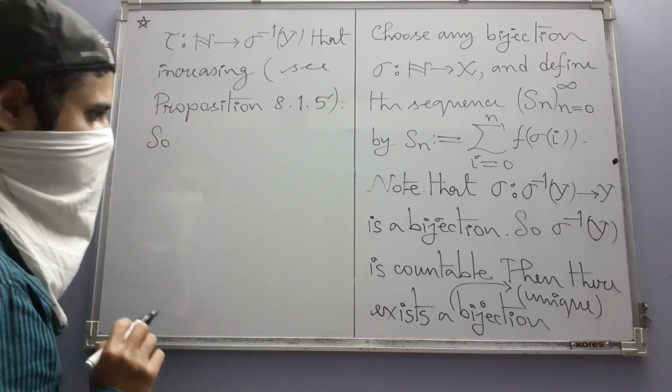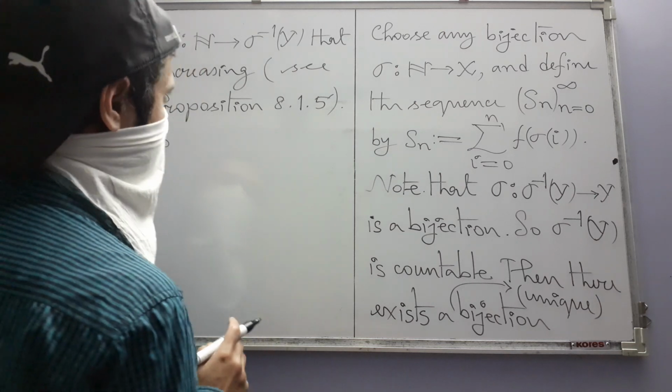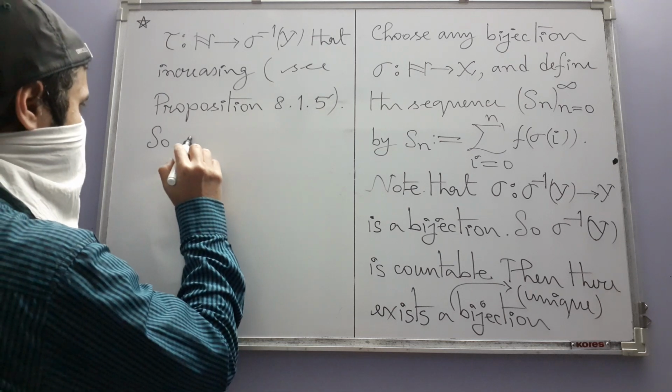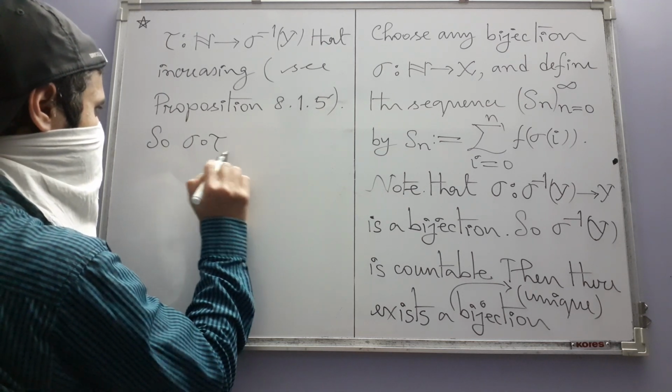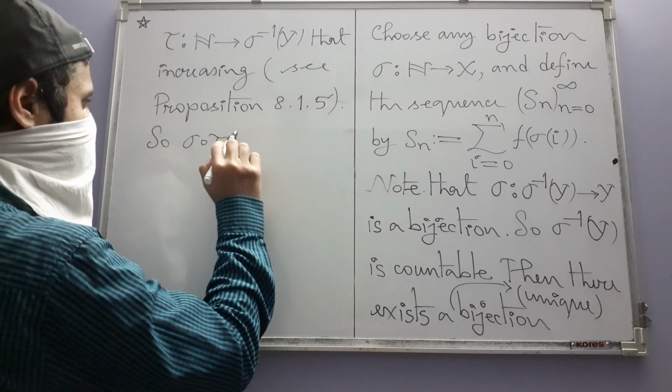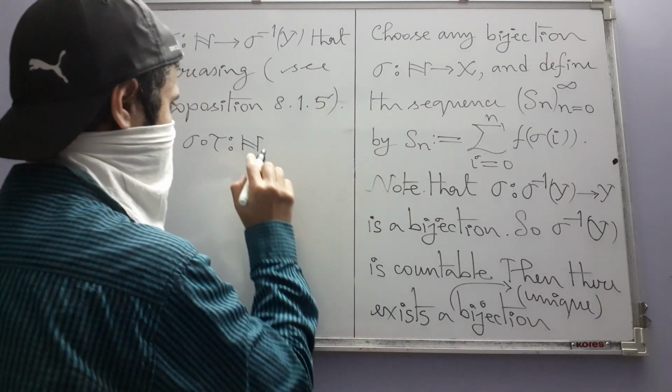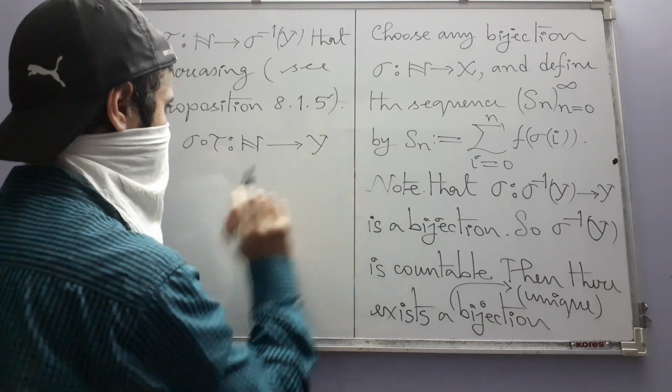And the composition will follow what order? Sigma composition tau. And that will be a function from N to this and this to Y, that means N to Y.